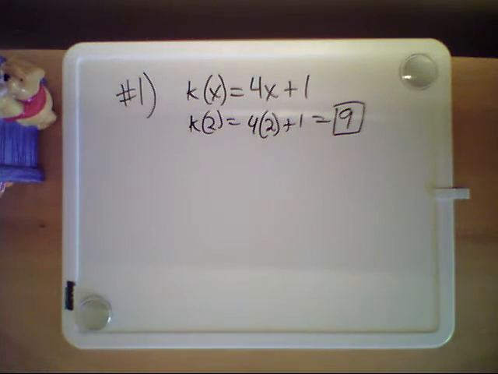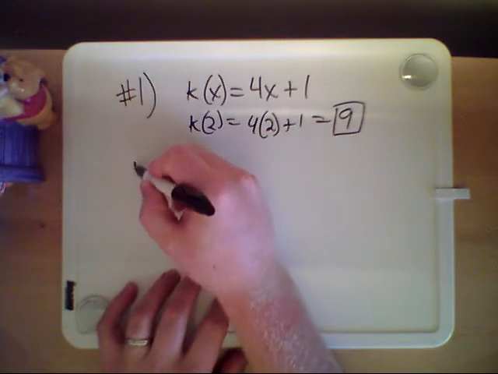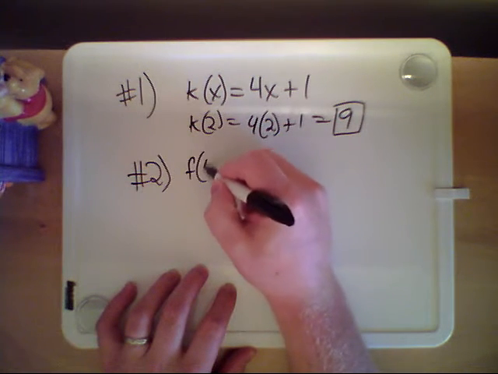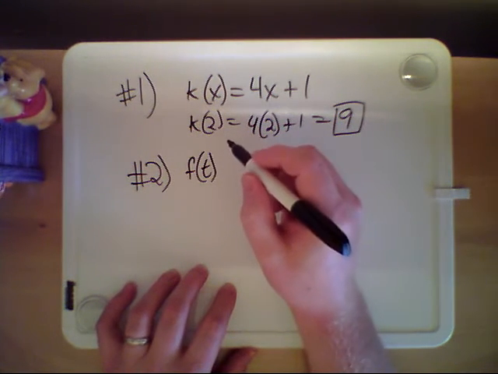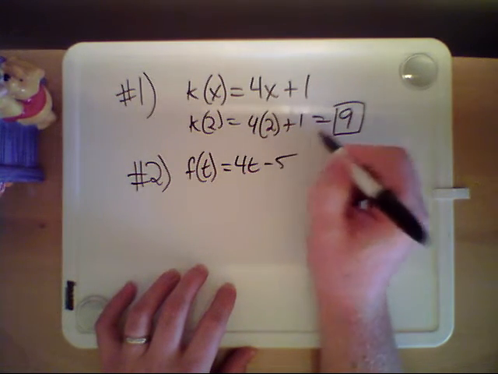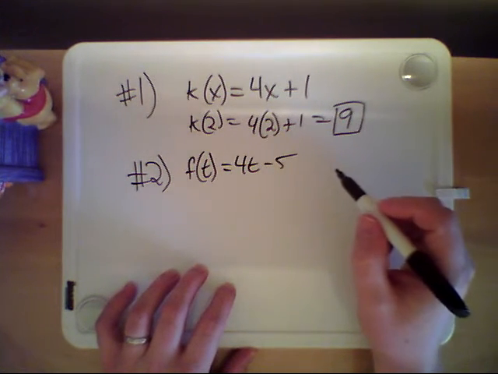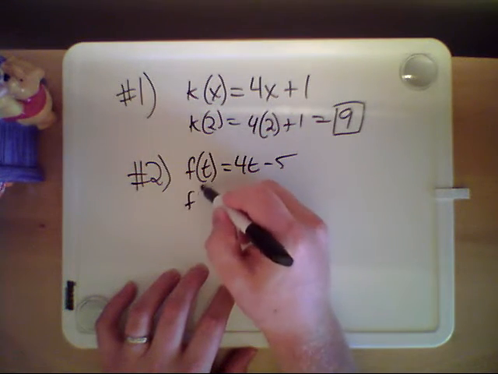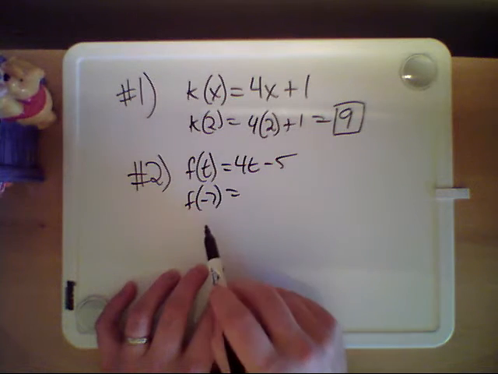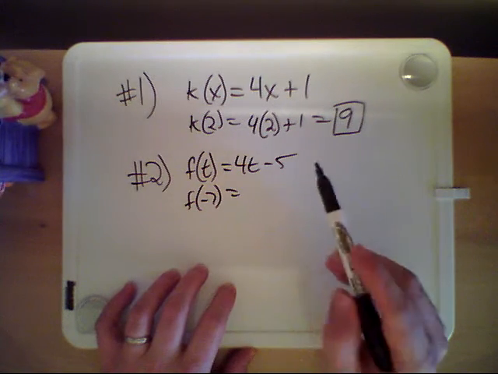Sweet. All right, number 2, we have f of t equals 4t minus 5. And we're going to find f of negative 7. So again, to put negative 7 through the f machine, we're going to take it, multiply it by 4, and subtract 5.